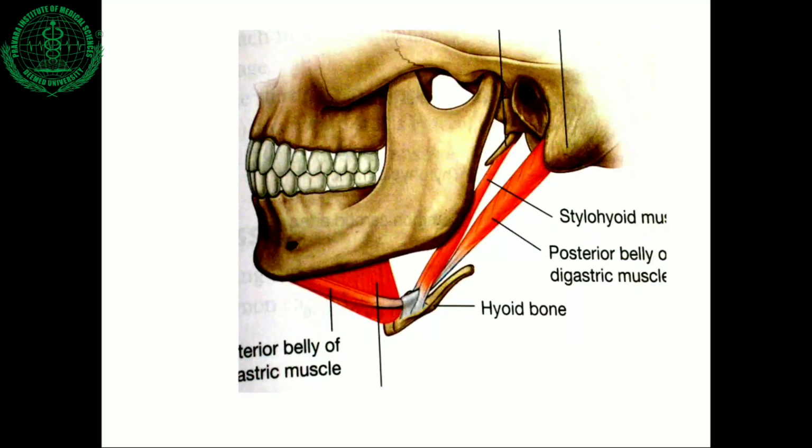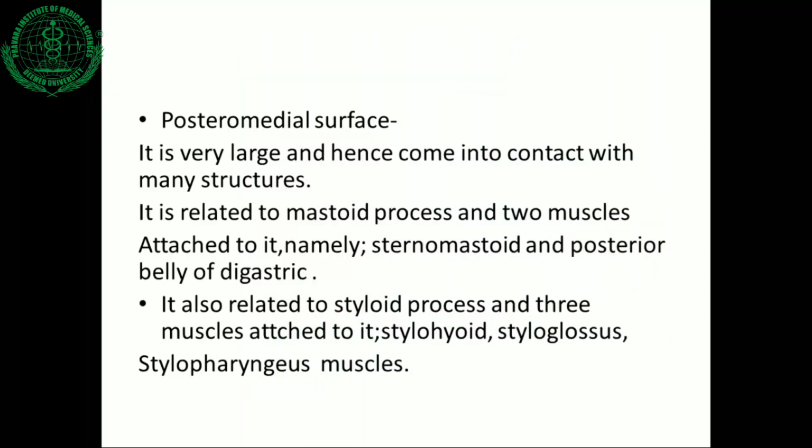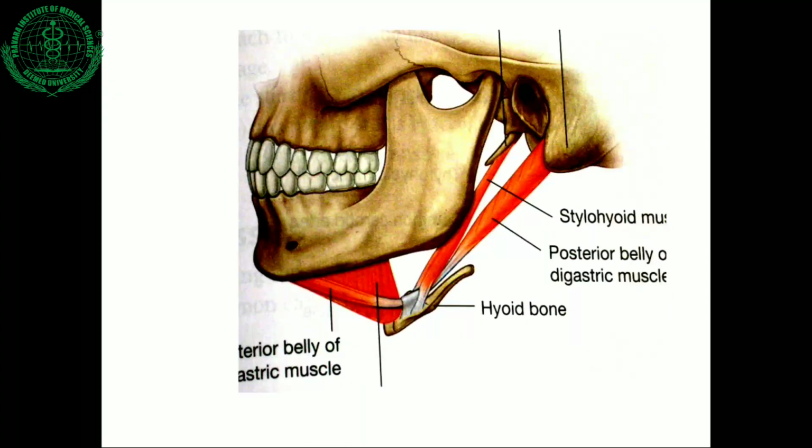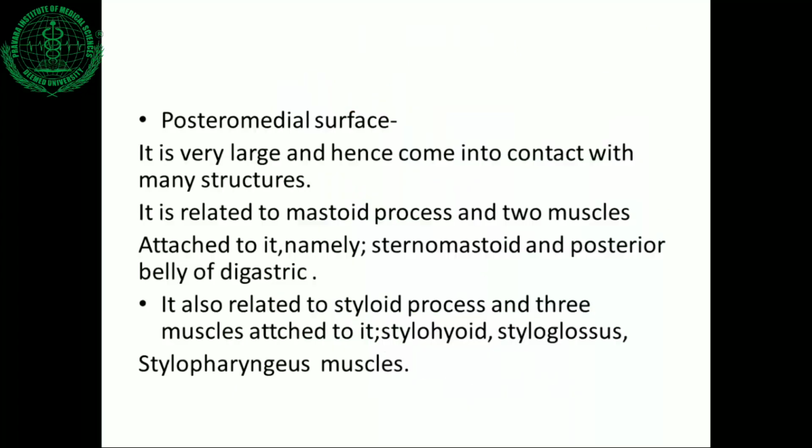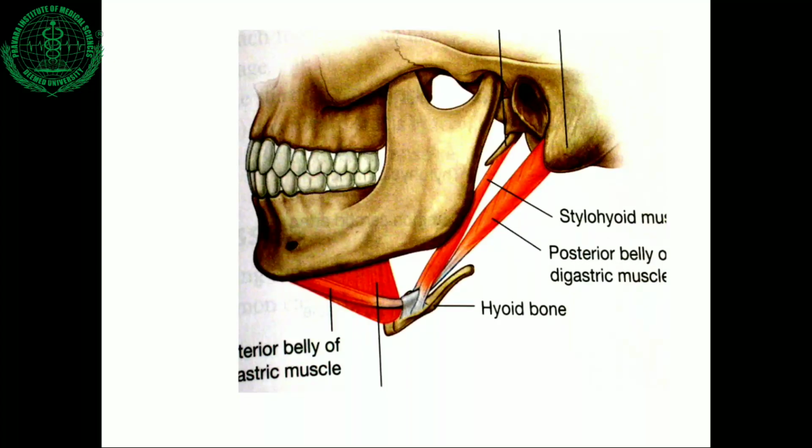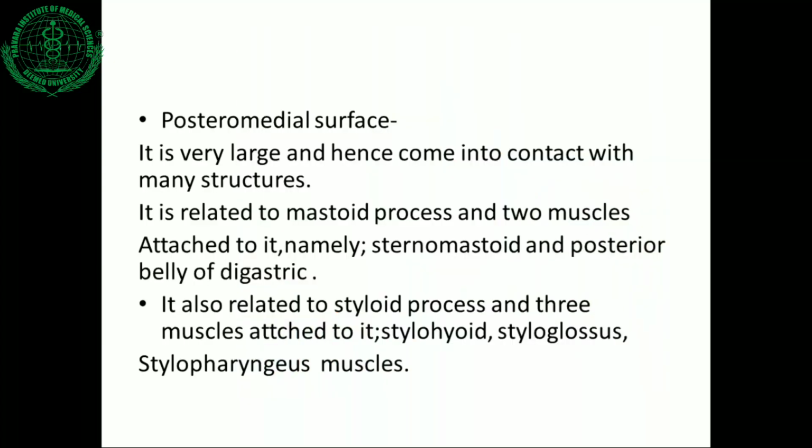Then the posterior belly of the digastric muscle, the styloid process, and the structures attached to the styloid process, mainly the muscles attached to the styloid process: stylohyoid, styloglossus and stylopharyngeus muscle.